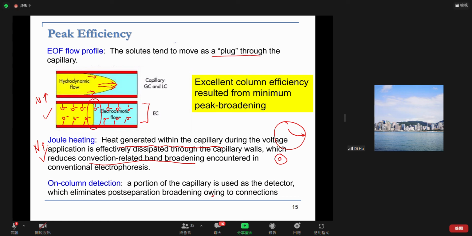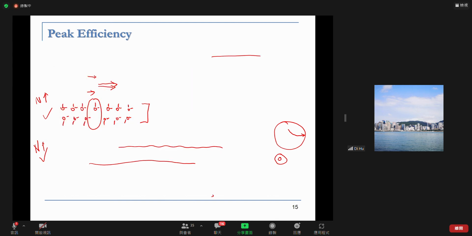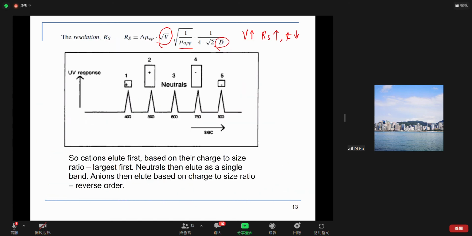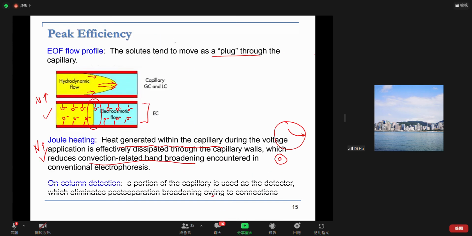The first one is you can reduce the voltage. How about you reduce the voltage? If we reduce the voltage, what happens? Remember we just mentioned, if we reduce the voltage, we sacrifice what? Resolution, and you have longer migration time. Okay, seems not really good, right?